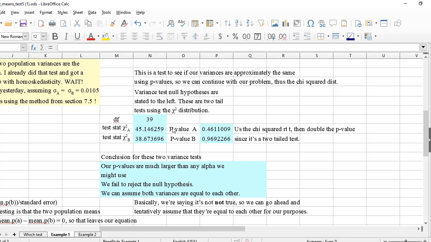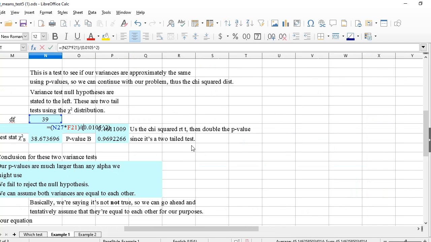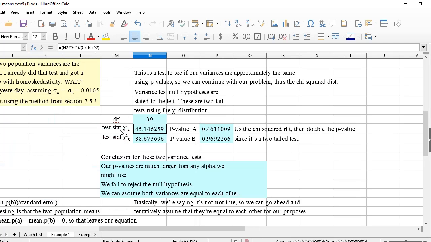The first thing we're going to do is determine our degrees of freedom, which is 39, and then we're going to do our chi-squared test statistic, which is your degrees of freedom times your sample standard deviation squared, divided by your population standard deviation, which Professor Frieden determined earlier, which was 0.0105 squared.